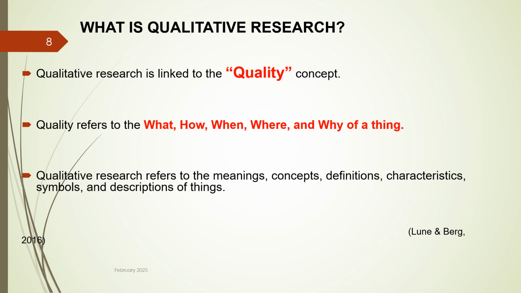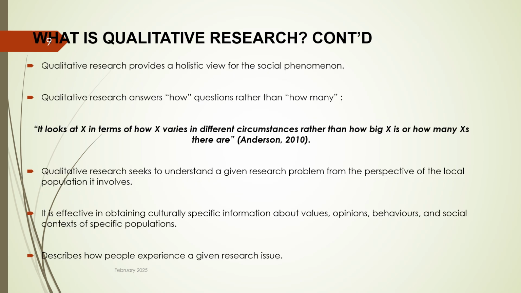So again, quality refers to what, how, when, where, and why of a thing. Qualitative research refers to the meanings, concepts, definitions, characteristics, symbols, and description of things, which is the idea behind quality and the difference between quality and quantity.